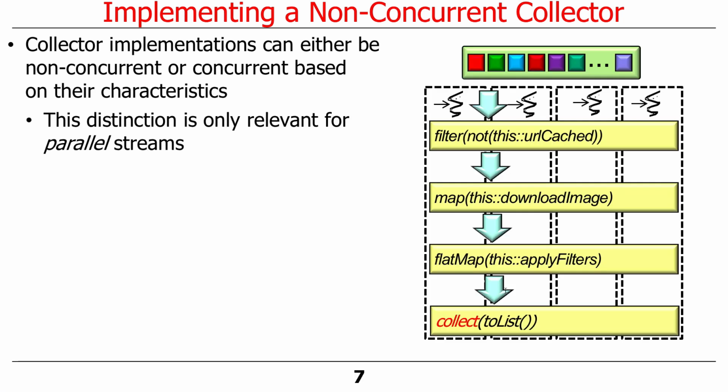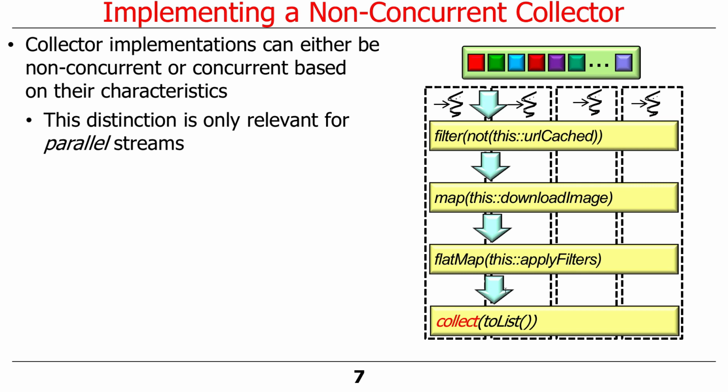The distinction between being a concurrent collector or a non-concurrent collector only matters for parallel streams. If you have a sequential stream, first of all, you might as well use a non-concurrent collector because there's no concurrency going on. You could use a concurrent collector, but it would be totally pointless and overkill for reasons we'll talk about in a second. If you have a parallel stream, then things actually matter.